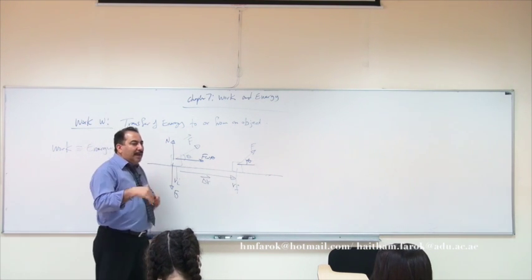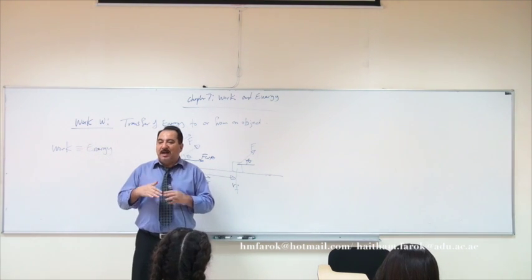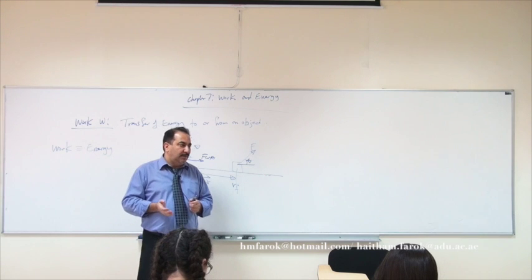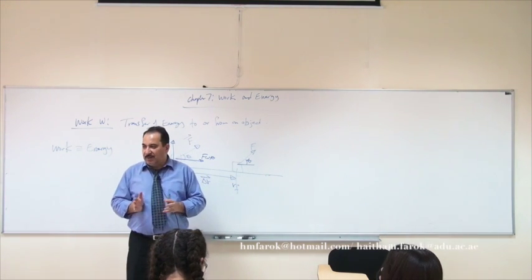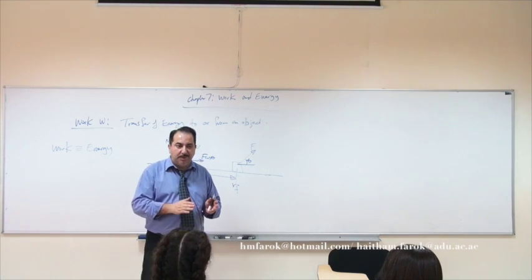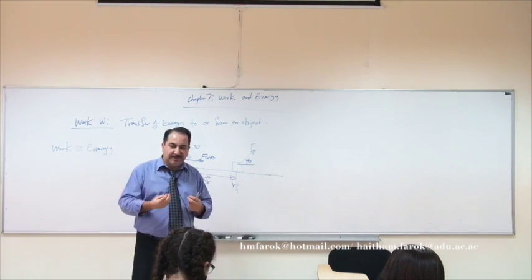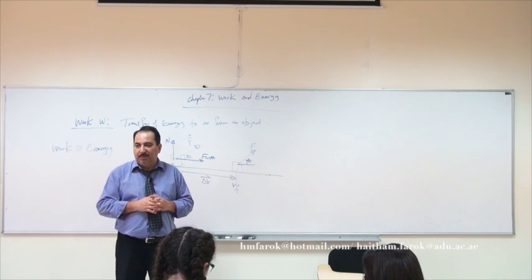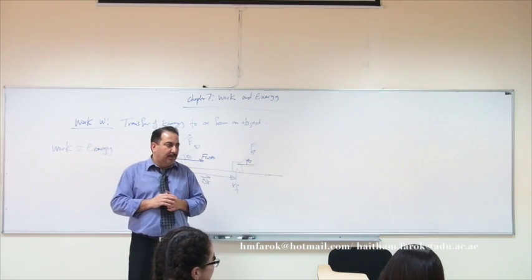Now, we learned how to multiply vectors, if you remember, chapter 3, multiplication of vector. We said there are two types of multiplication, dot, cross. And the dot product means you have an answer which is a scalar. Cross product, another vector. Okay?